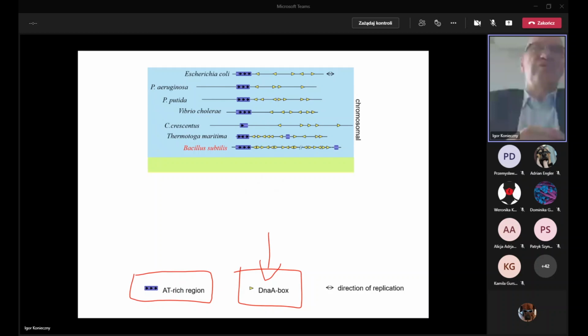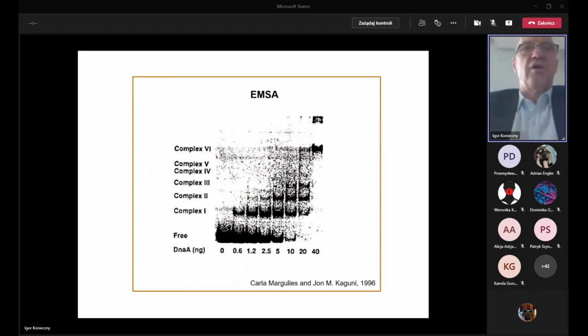The DNA replication initiation protein is usually not only a replication initiator, but also a transcription regulator. So you can find the DNA boxes all over the chromosomal DNA. However, the concentration of DNA boxes, so binding sites for the DNA replication initiation proteins, is close to the replication origins.